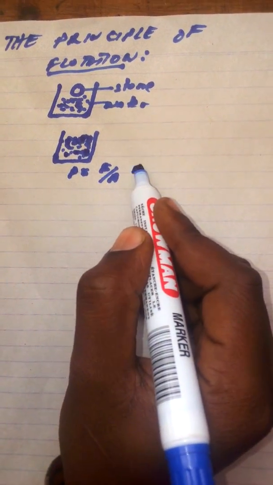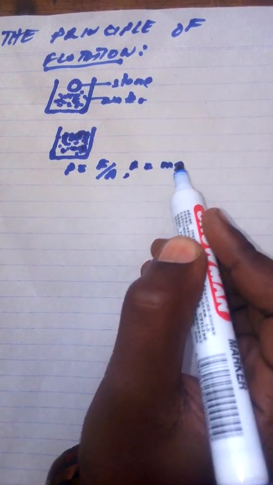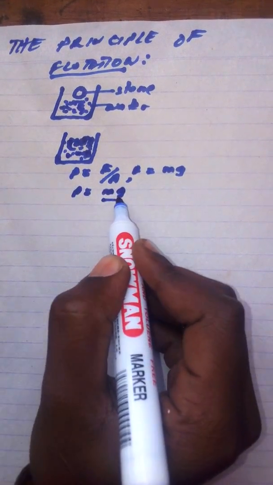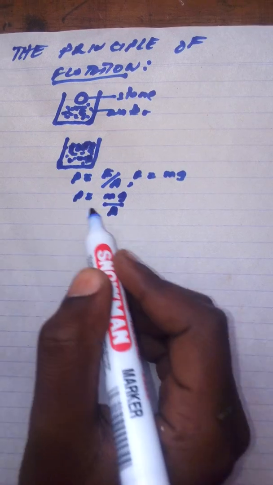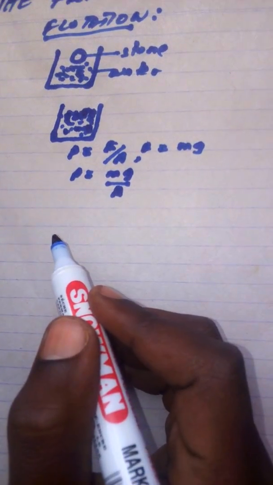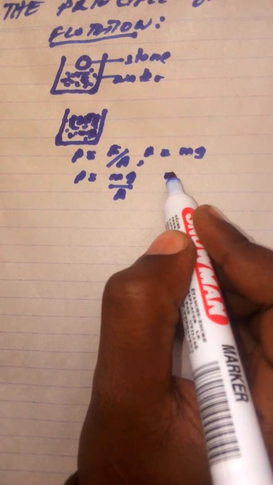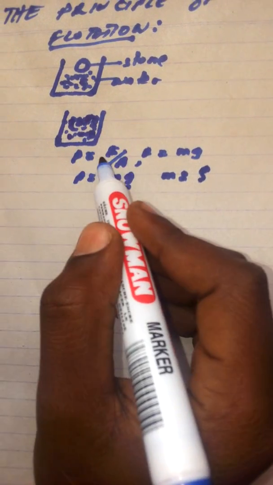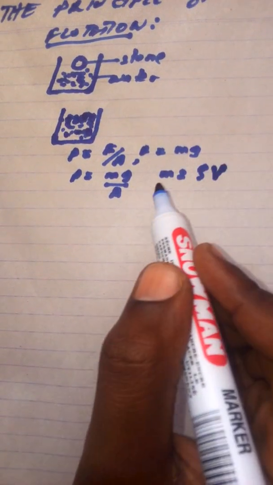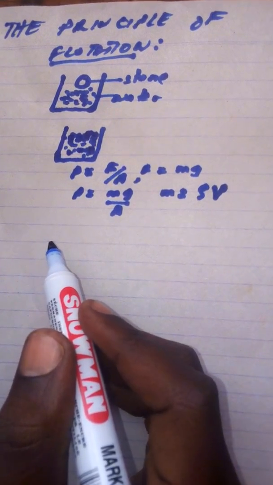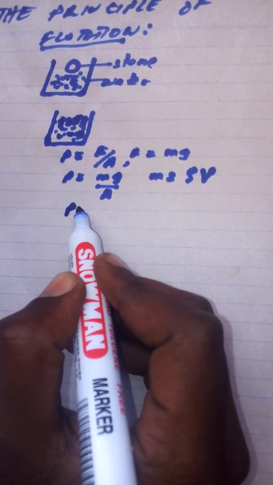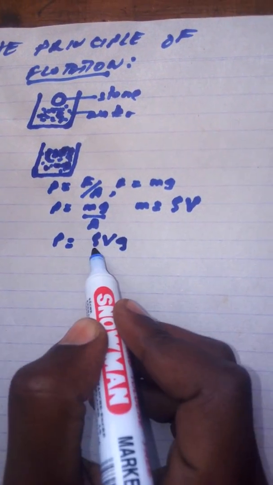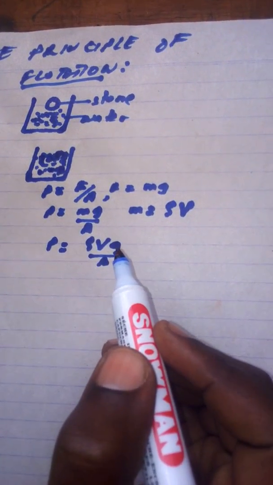But also, we understand that force is given by mass times gravitational acceleration. So we can say that the pressure is mass times gravitational acceleration divided by the area on which that object is acting. Now, the mass also can be obtained by taking the density of the water times the volume of that object. So we can substitute here that pressure is now equal to density times volume times gravitational acceleration divided by the cross-section area.